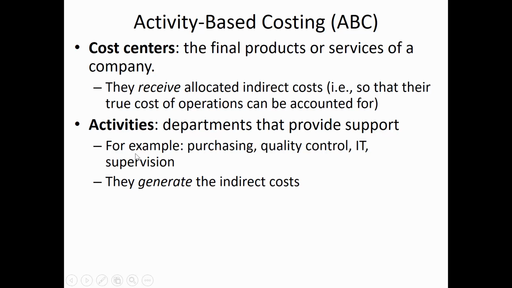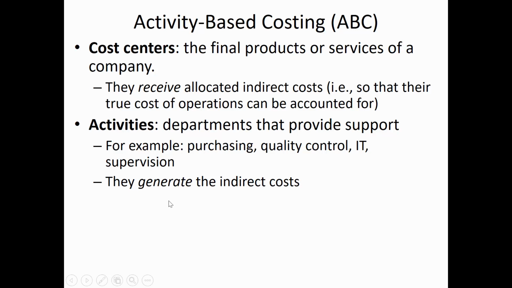These activities don't have a way of raising revenue on their own because these activities provide services to the cost centers rather than services to a customer that's paying for them. And so it's kind of like the activities internal to the company have the cost centers as the client.